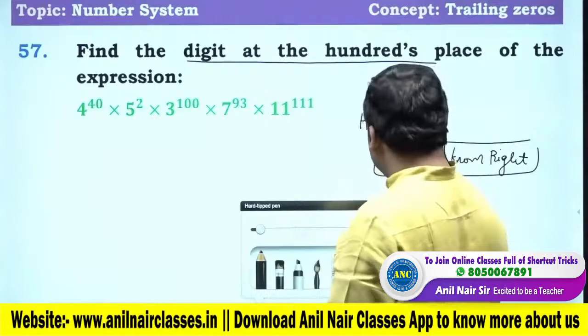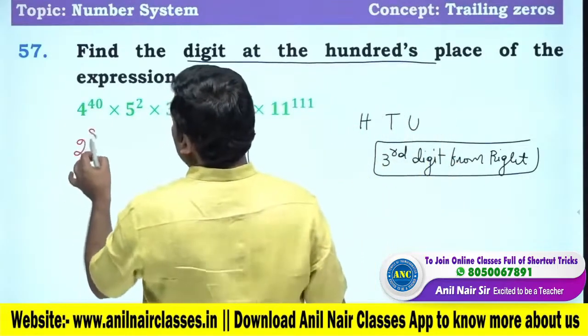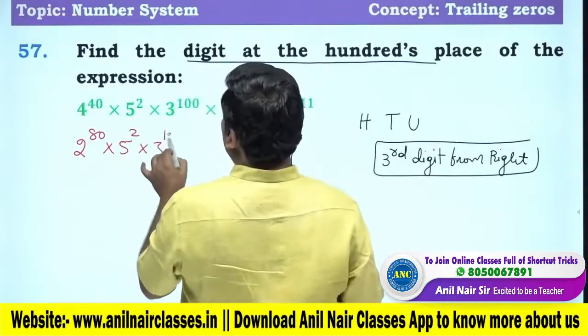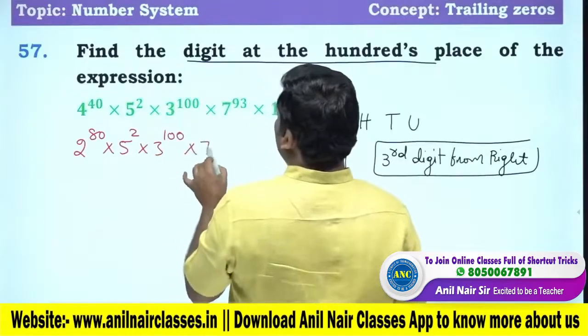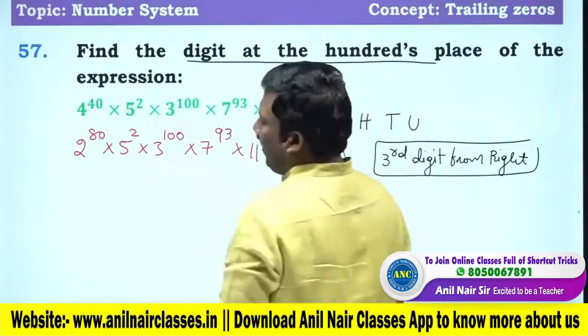Now see here. This can be written as 2 power 80 into 5 square into 3 power 100 into 7 power 93 into 11 power 111.